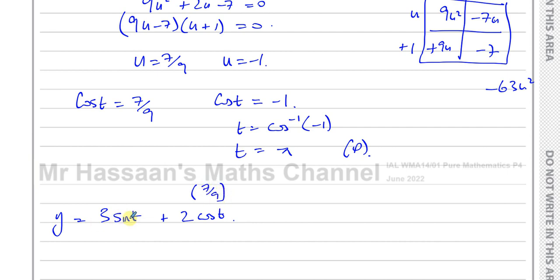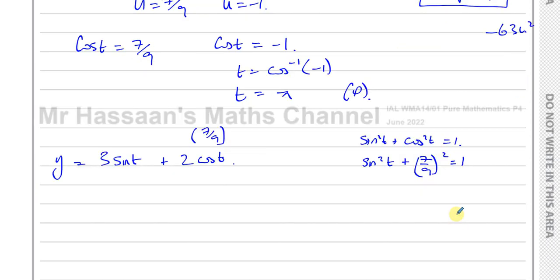But I need to find an expression for sine t. Now, I know that sine squared t plus cosine squared t equals 1. And I know that sine squared t plus 7 over 9 squared is therefore equal to 1. So I can say sine squared t is equal to 1 minus 7 over 9 squared.